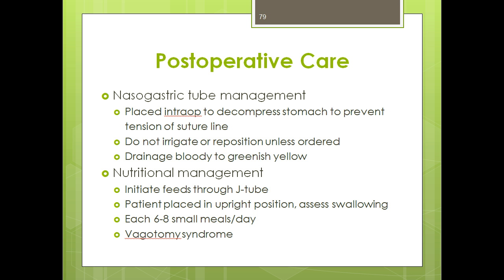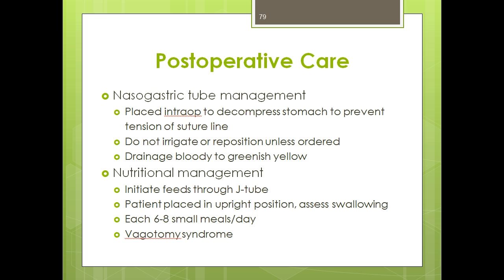It's placed intra-op to decompress the stomach and prevent tension on the suture line. Do not irrigate or reposition it unless ordered. Drainage is bloody, and sometimes it might even be greenish yellow. For nutritional management, you need to initiate feeds through the J tube, with the patient placed in an upright position.